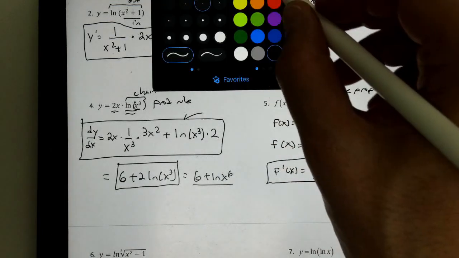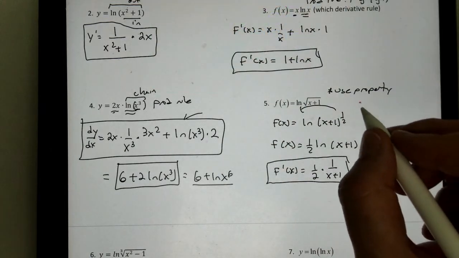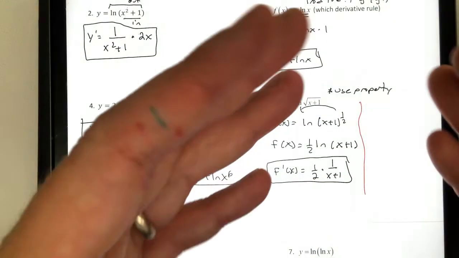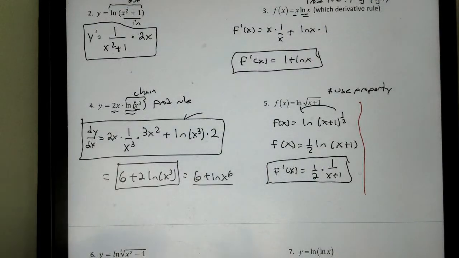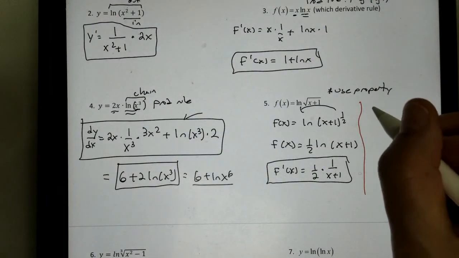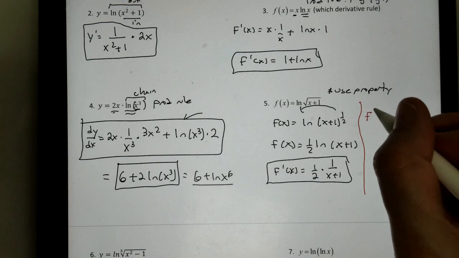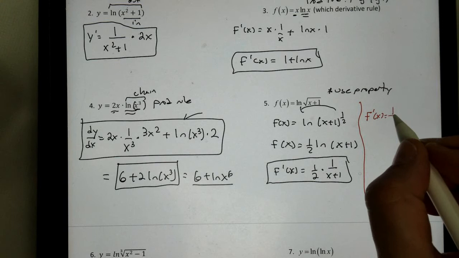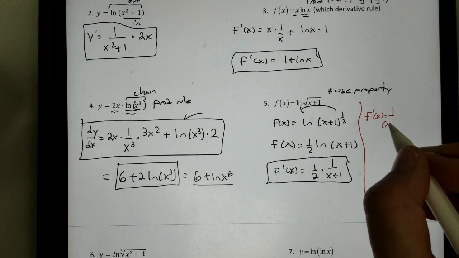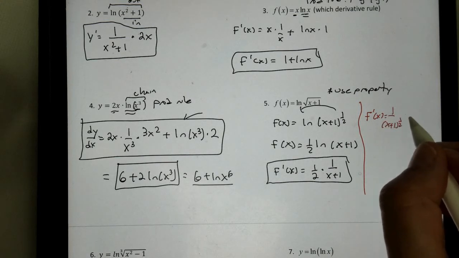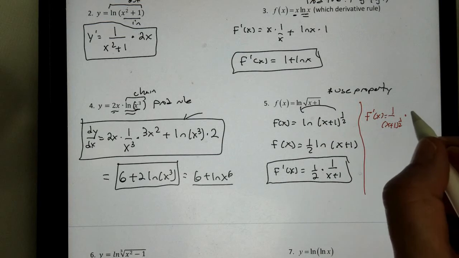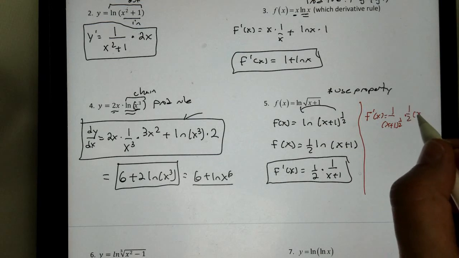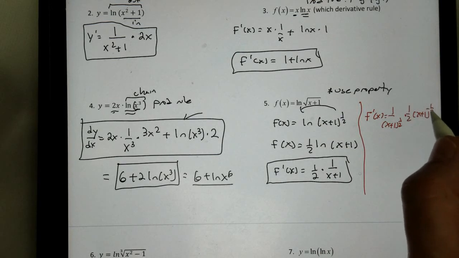So let's say you decided to not do this rule. I'm going to do this one in red because it's bad, okay? Let's say I decided not to use my property here. Well, I would get the derivative of the inside, 1 over x plus 1 to the 1/2, times the derivative of the outside, which is 1/2 x plus 1 to the negative 1/2, chain rule times 1.